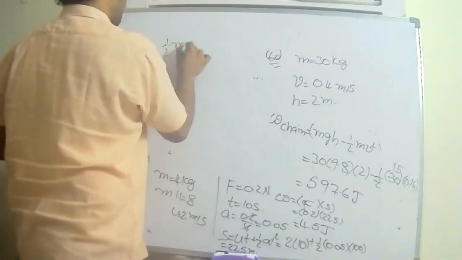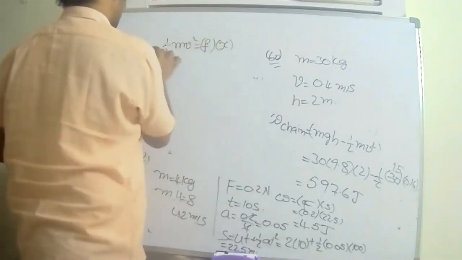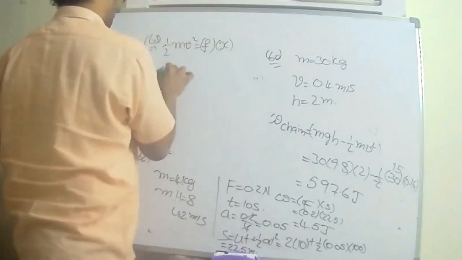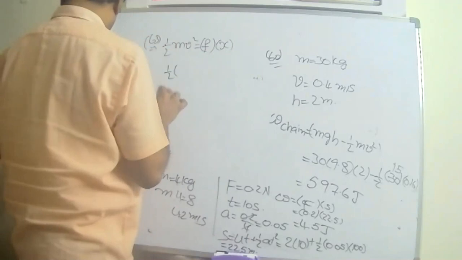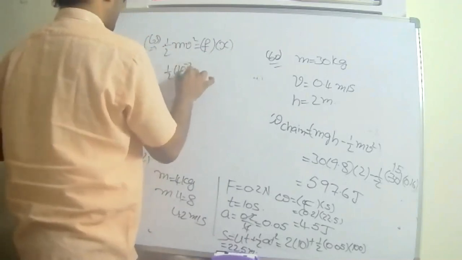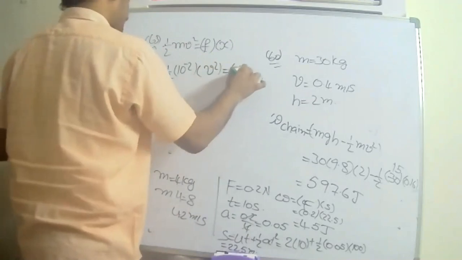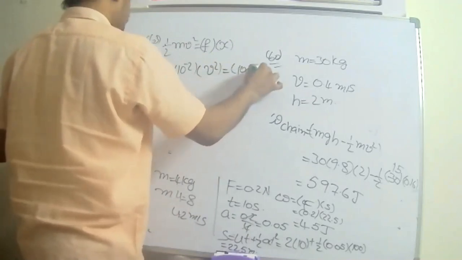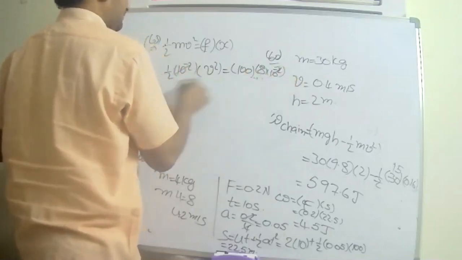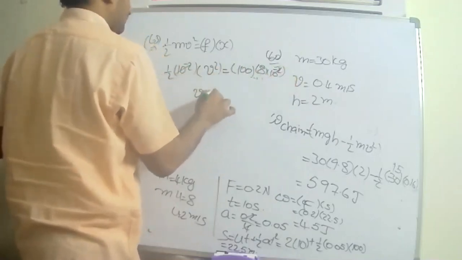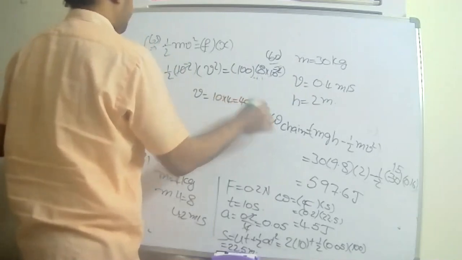Half mv square is equal to f into x. So 1 by 2, m is 10 grams, that means 10 power minus 2, into v square. F is 100 newtons, x is 8 centimeters. So v is equal to 10 into 4, so 40 meter per second.